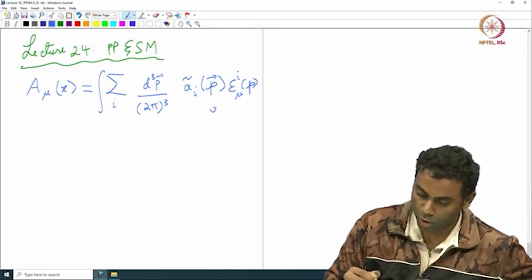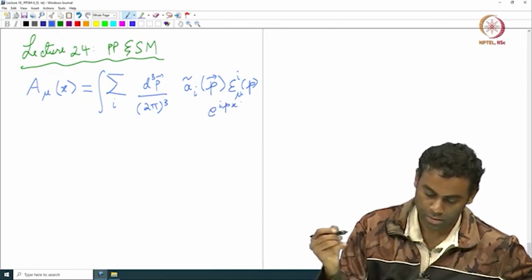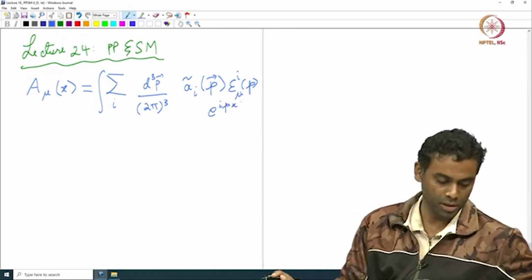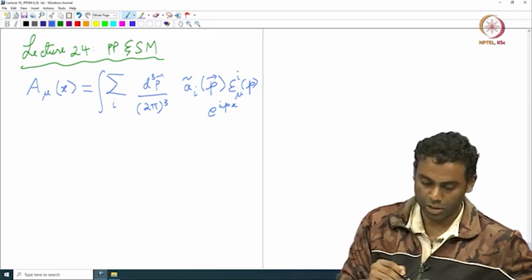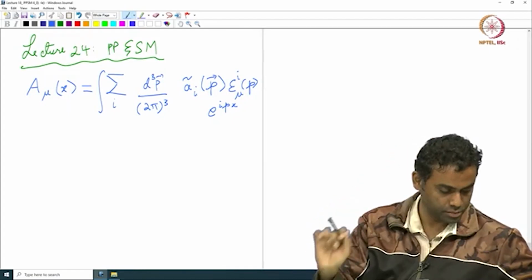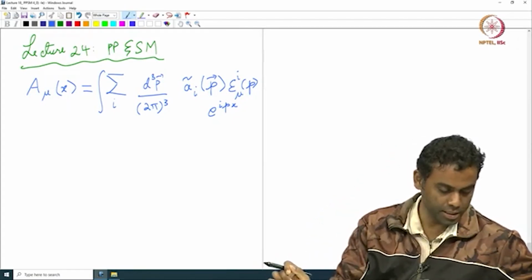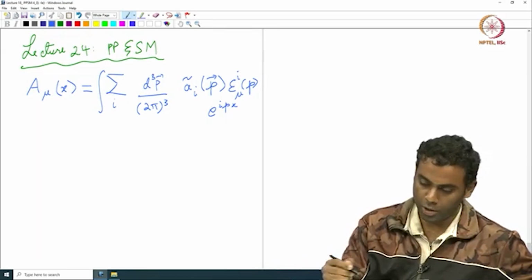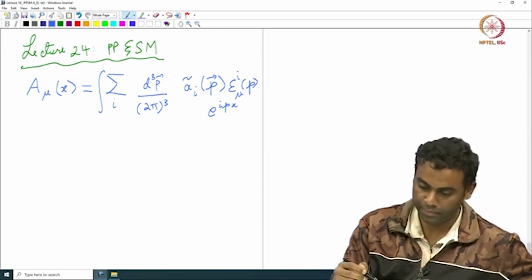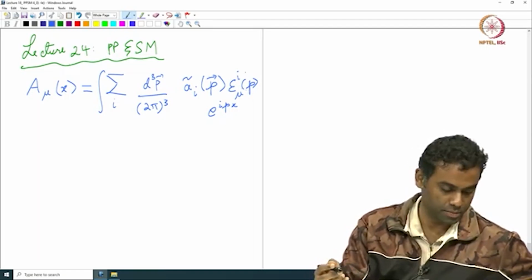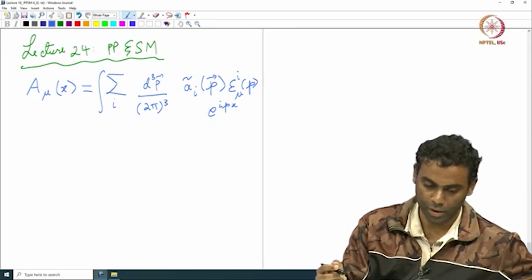And of course, this is a propagating degree of freedom. So, I have an e power IPX, alright. What is I? I basically takes care of the component index, okay, of the polarization vectors, okay.